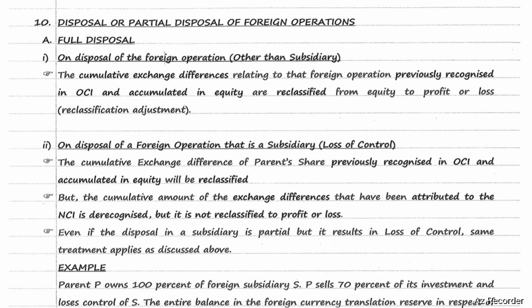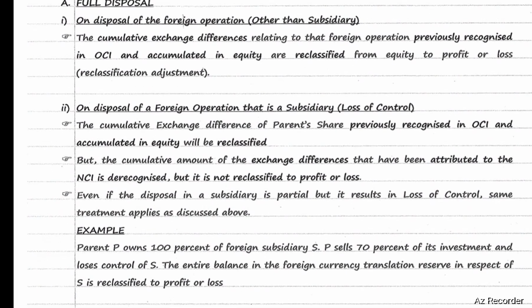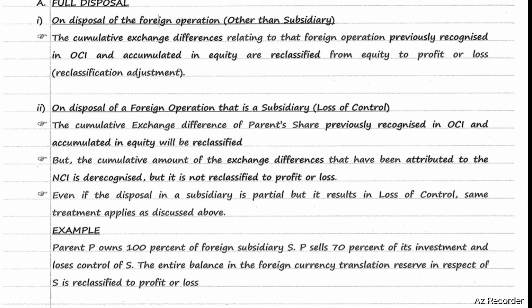Next, disposal or partial disposal of foreign operations. In case of full disposal of a foreign operation other than a subsidiary, the cumulative exchange differences relating to the foreign operation previously recognized in OCI and accumulated in equity are reclassified from equity to P&L.